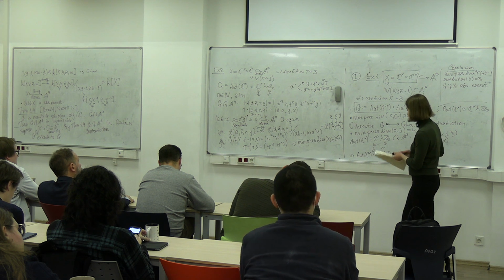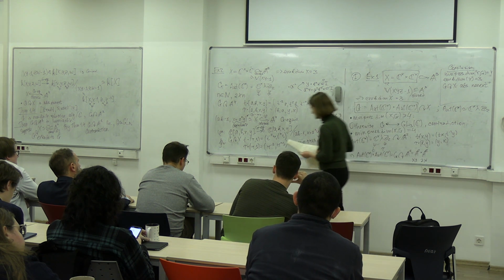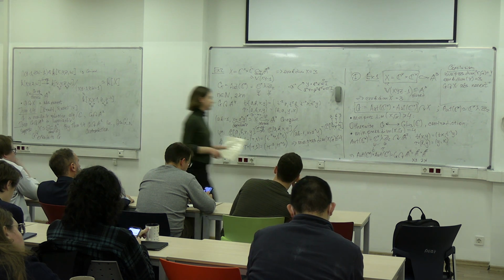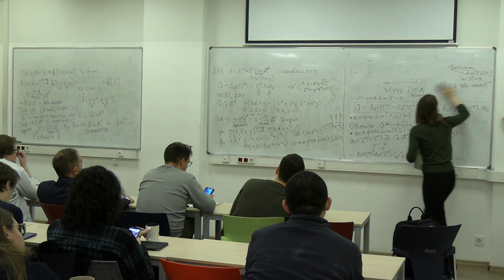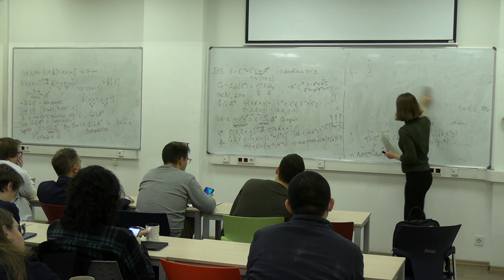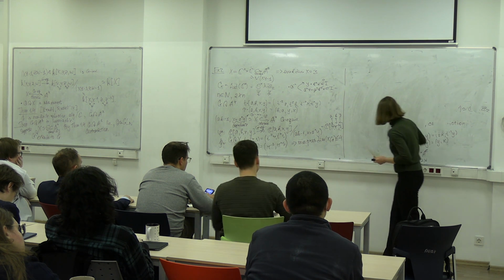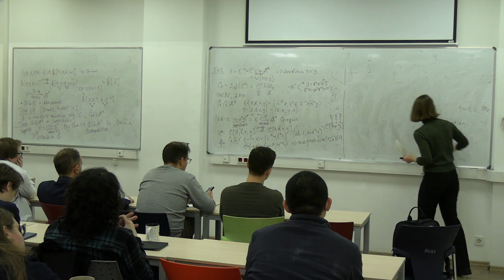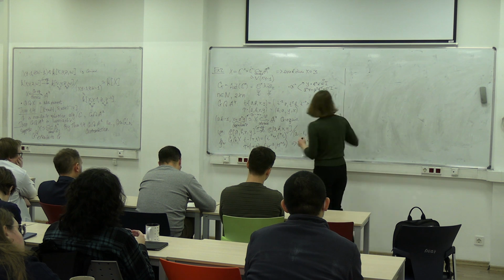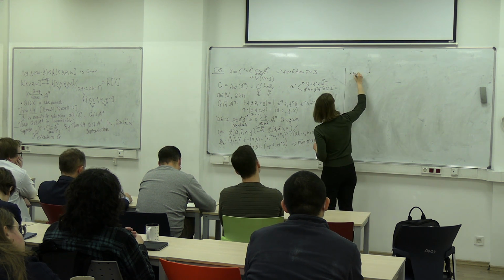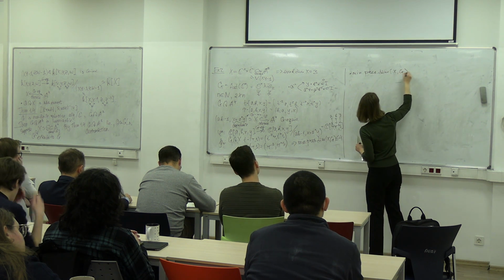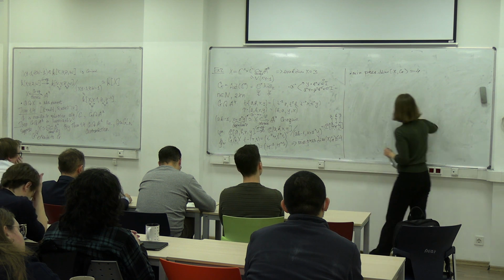Then let's show that actually it is 4, by the same arguments as in the first example. So I claim that the minimum representation dimension of X and J is equal to 4.